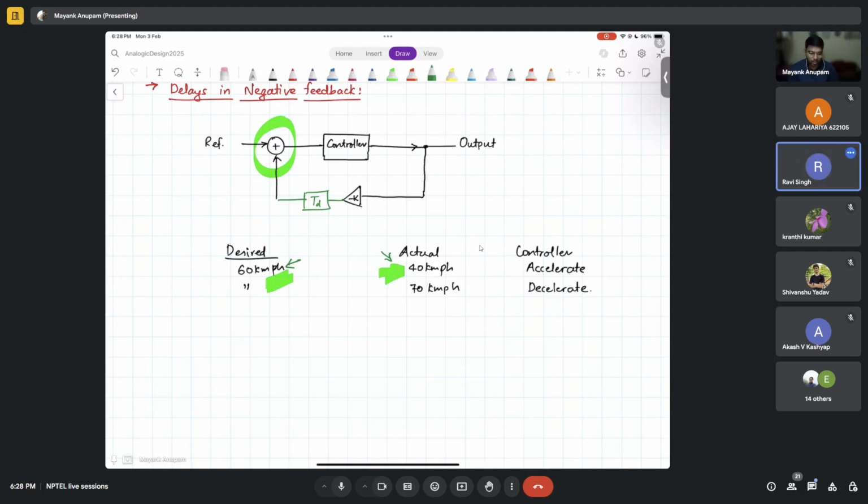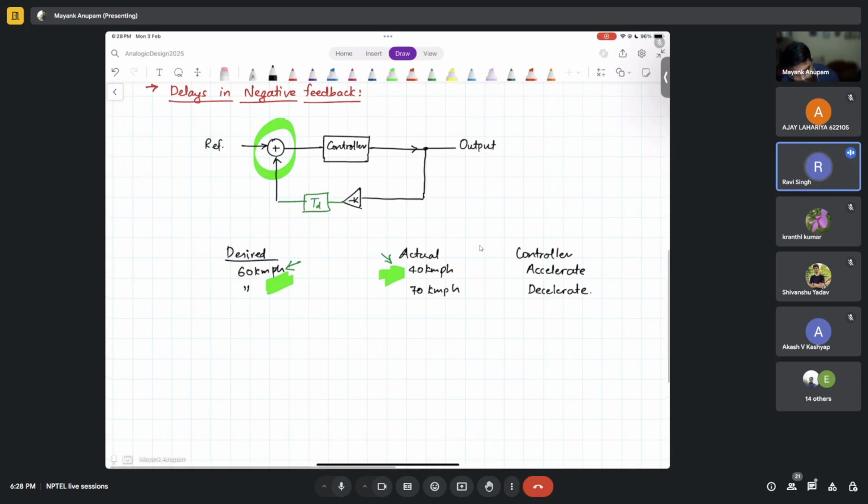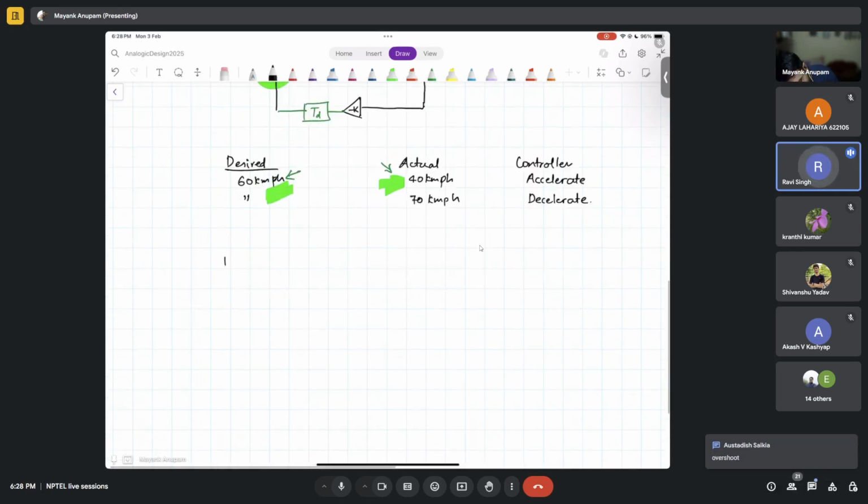So what is going to happen if you have a delay in that situation? If the loop gain is very high, which means the loop is very powerful, and you have a delay in the system, what is going to happen? We might get over the desired value or below it quite fast.